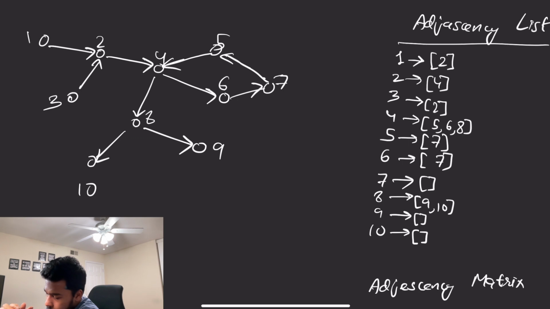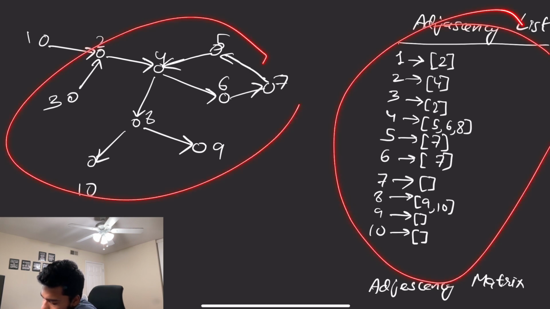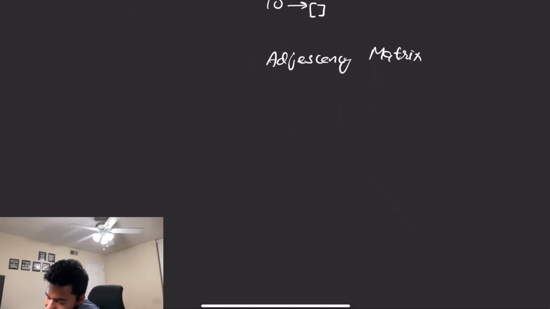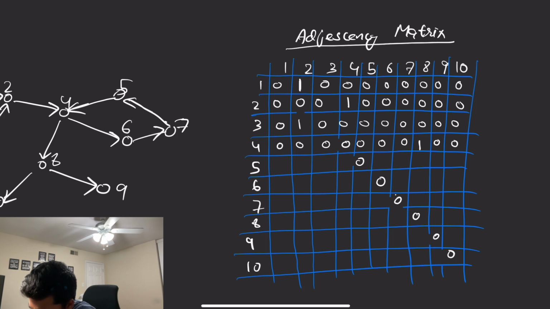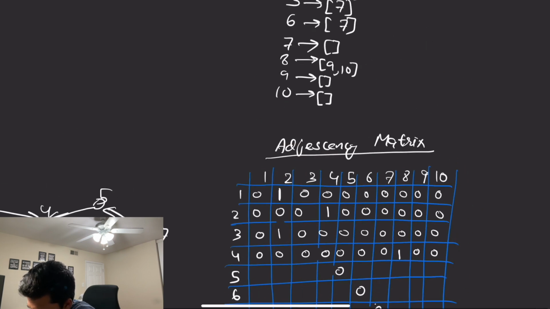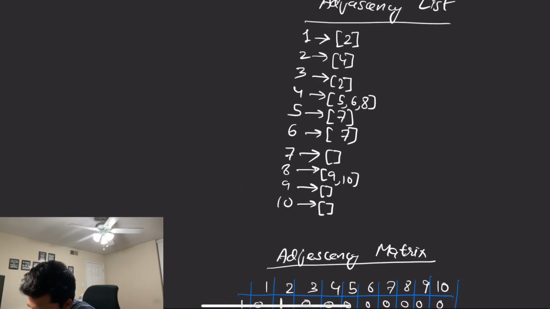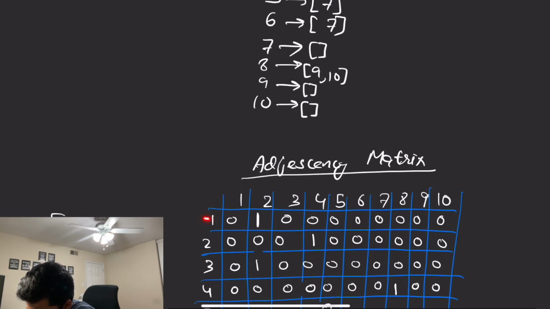Now, cool. So we've spoken about the adjacency list and graphs. Now we'll talk about the adjacency matrix. The adjacency matrix represents the same thing that the list does. So this is a 1 and a 2, so this is a 1 and a 2.